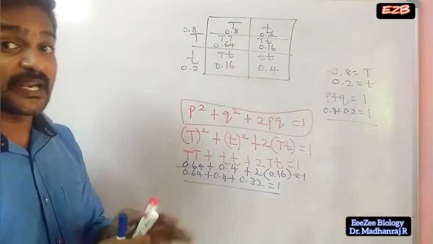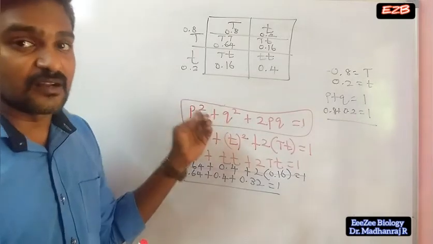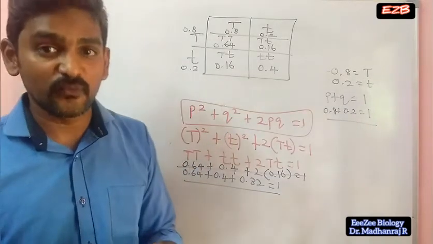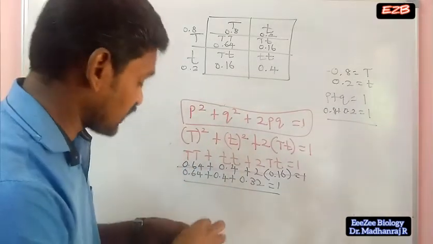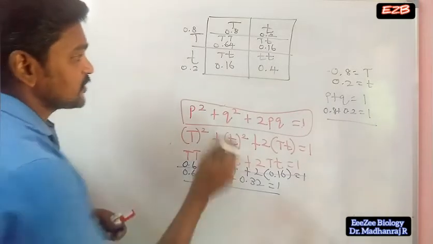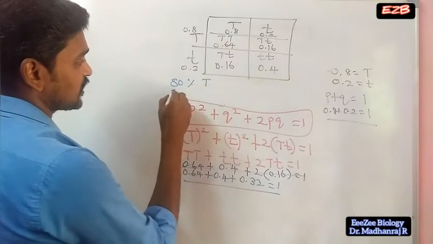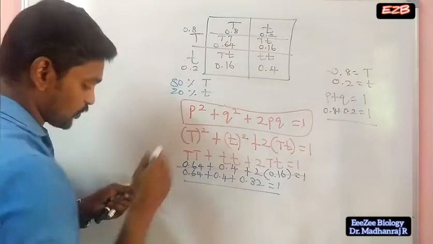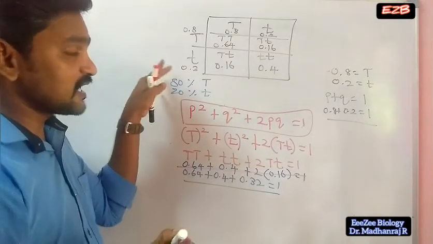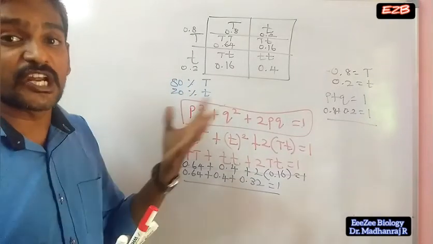So always this will remain constant until the evolutionary forces are not playing a role. For example, I said already, right? 80% is having T and 20% is having small t in a population. Suppose there is any evolutionary consequence like mutation that occurred.